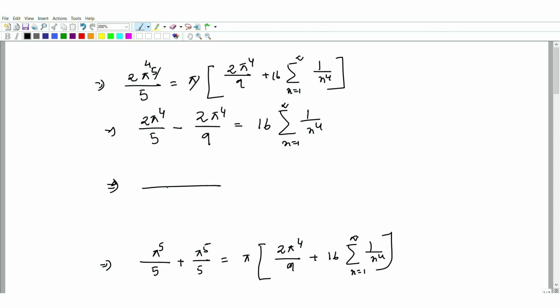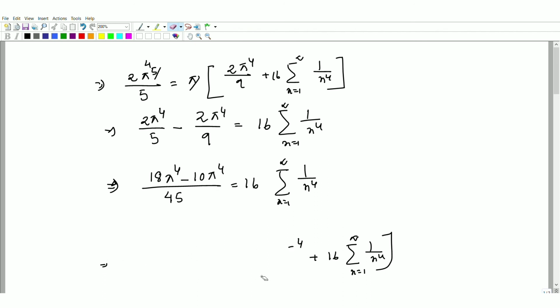We can take 45 as the common denominator: 18 pi to the power 4 minus 10 pi to the power 4 by 45 equals 16 times the summation. Taking this thing to the other side, 8 pi to the power 4 by 45 equals 16 times summation of 1 by n to the power 4, 1 to infinity.